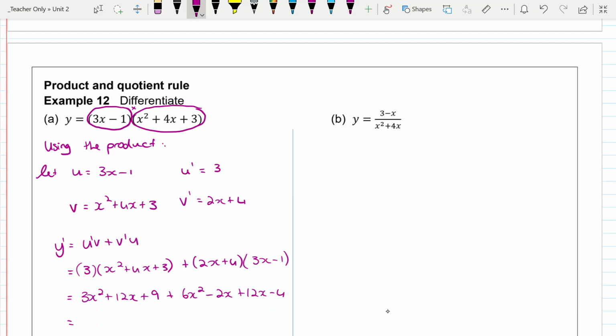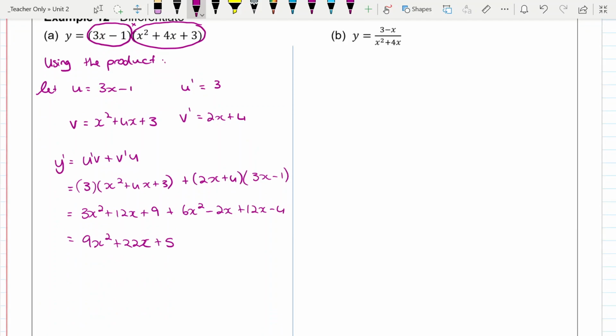And when I have simplified those, I get 9x squared plus 22x plus 5. So therefore, y dashed is equal to 9x squared plus 22x plus 5.